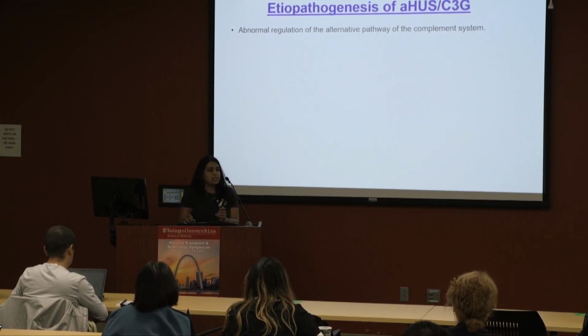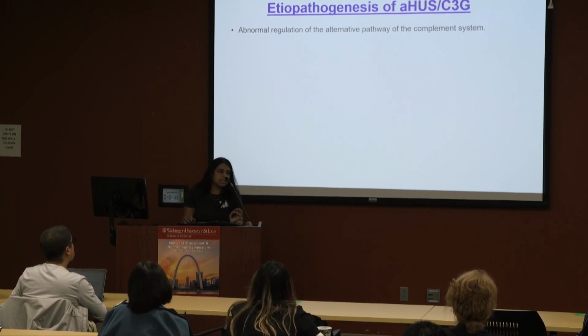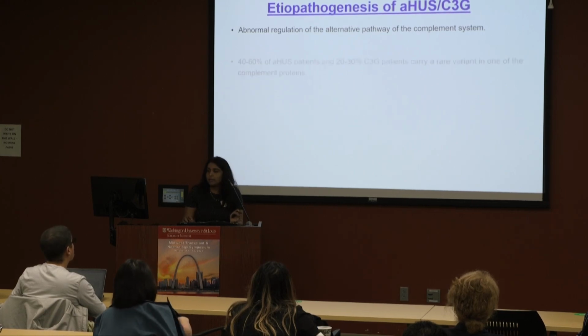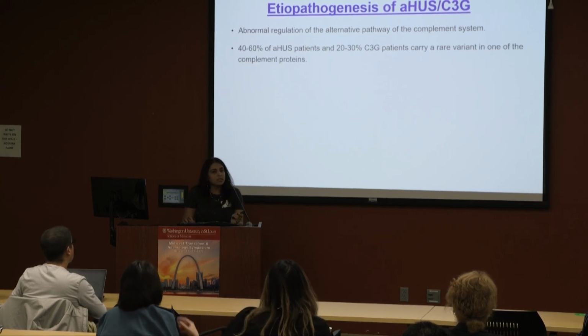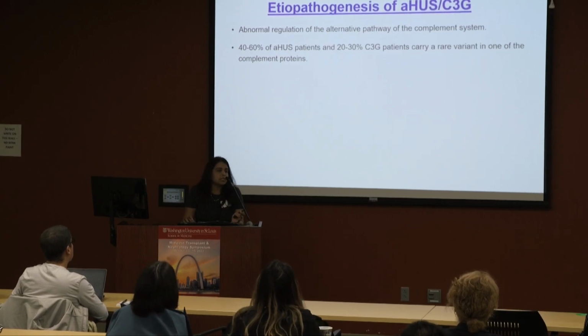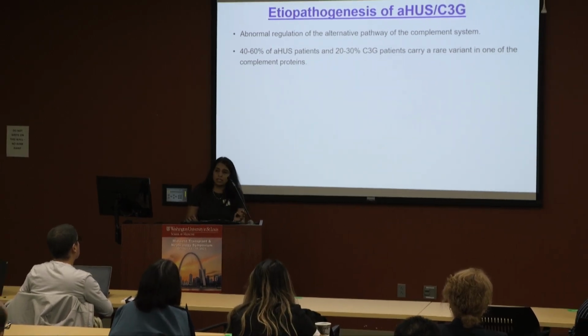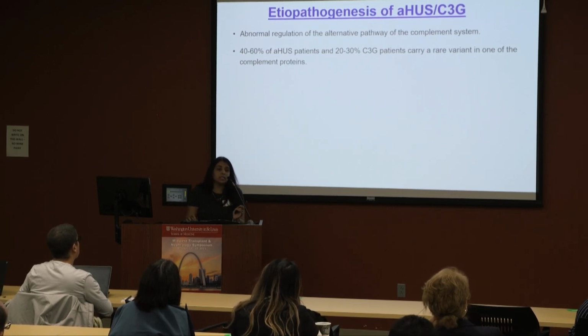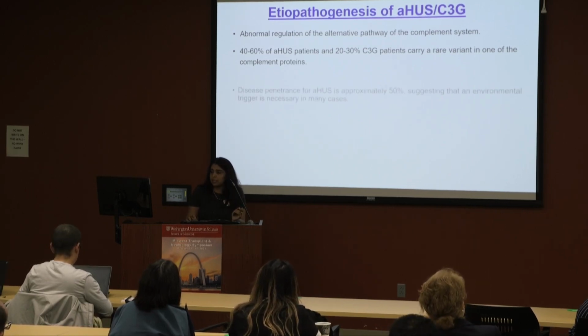Now, both of these diseases are prototypic complement-mediated diseases that occur due to a dysregulated complement activation, primarily of the alternative pathway. And the etiology of this dysregulation is that in about 40 to 60% of patients with aHUS, and in up to 20 to 30% with C3G, you would identify a mutation in one of the complement proteins.